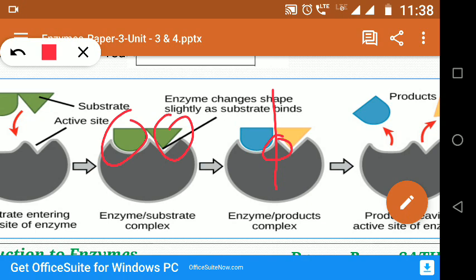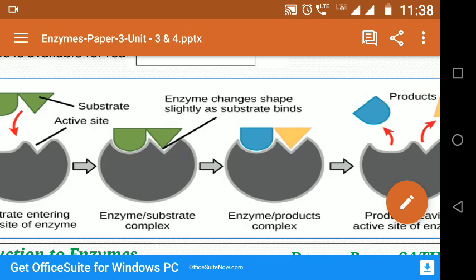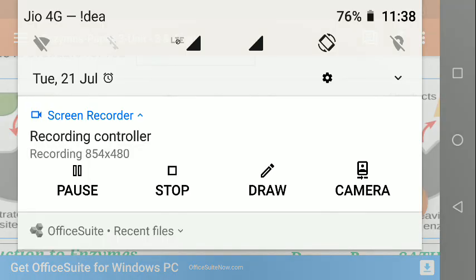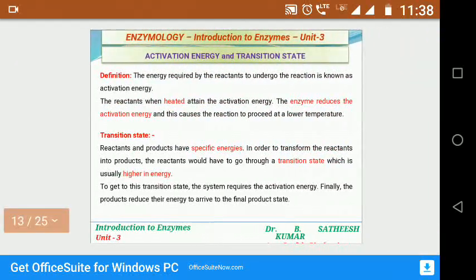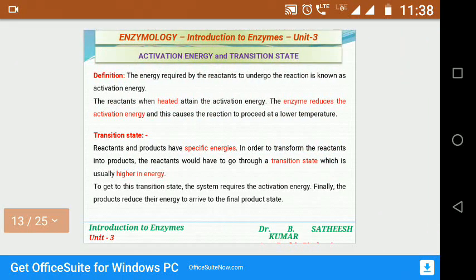Because of this site, the substrate is broken down into two parts, which are the products. So the substrate binding site is for the binding of the substrate, and the catalytic site is for the reaction. This is about the active site of the enzyme.